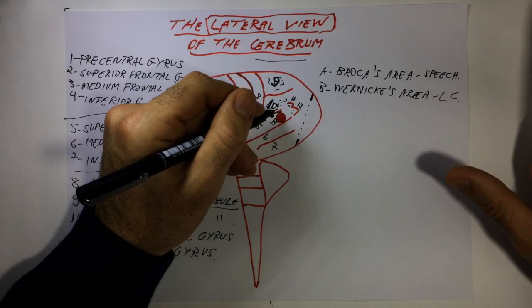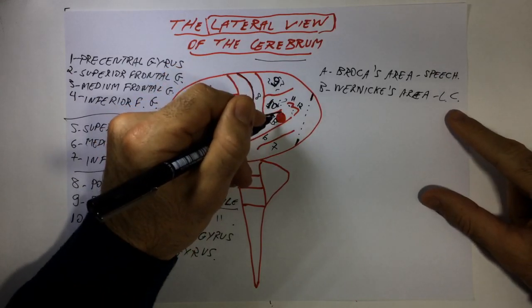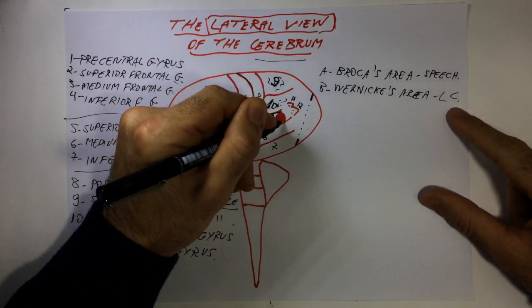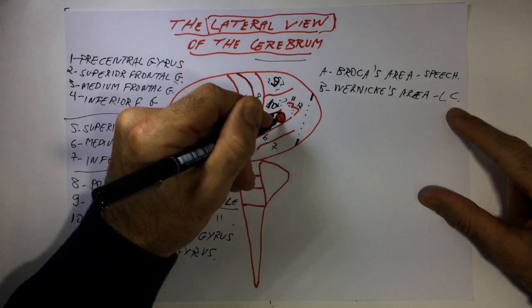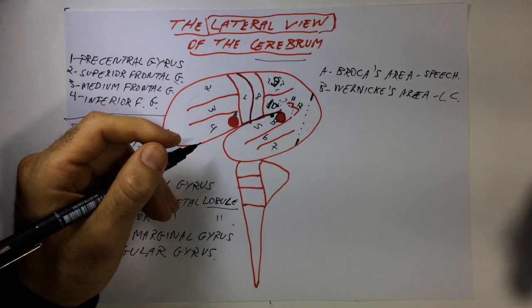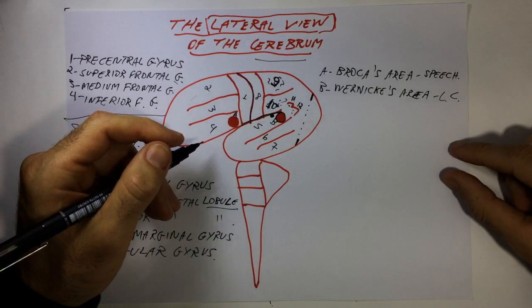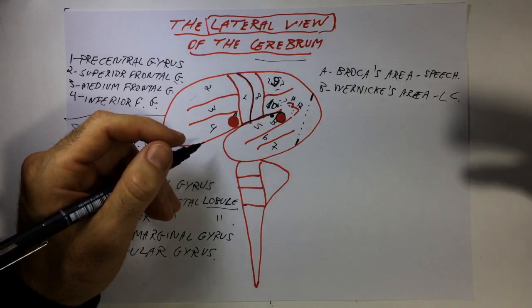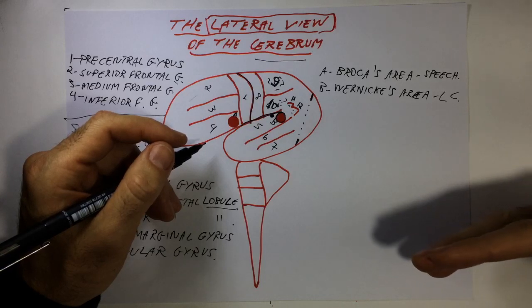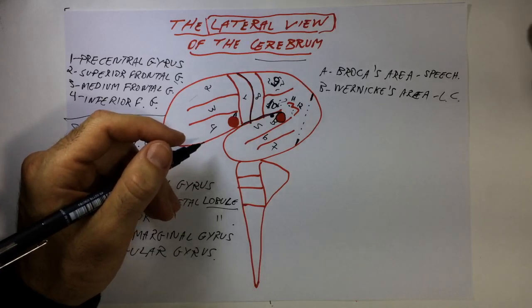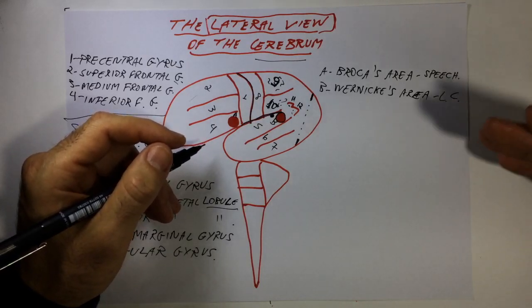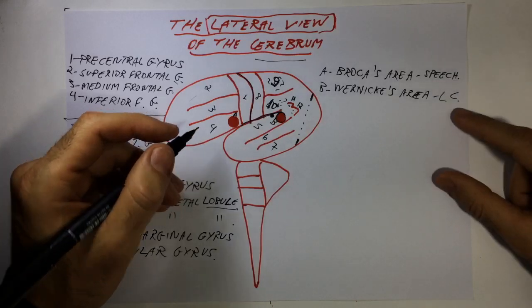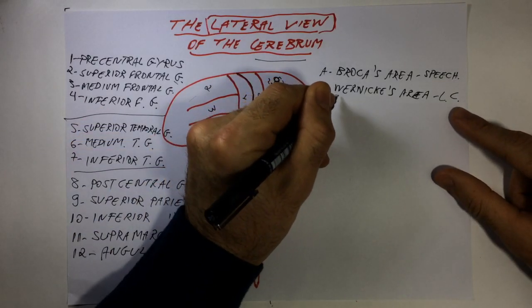So that's not what I'm talking about here. What I'm talking about is that there is an area of the brain, the Wernicke's area, that is responsible for understanding language. So pretty much transforming the sounds that you hear into verbal phonemes and understanding all these sounds as language. That's one of the main functions of the Wernicke's area.